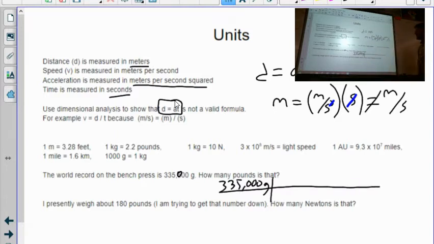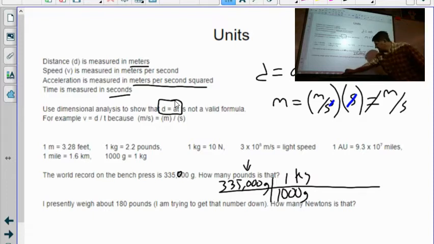And I want to go from grams to pounds. You don't have a conversion for that. You have kilograms. So every 1 kilogram is equal to 1,000 grams. Okay. So my grams are going to cancel out.